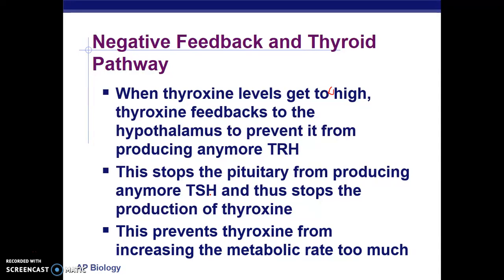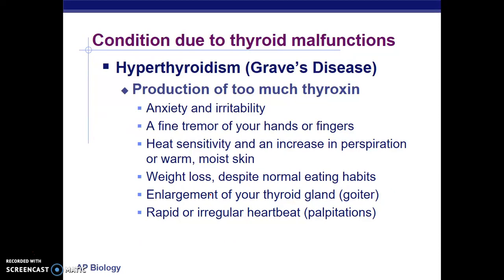Now you may be thinking, what's the problem if metabolic rate is increased too much? Well, that leads to a disease known as Graves' disease, or hyperthyroidism, and that's when the body is producing too much thyroxine. Here are some of the side effects, and we'll look at why they would have this.